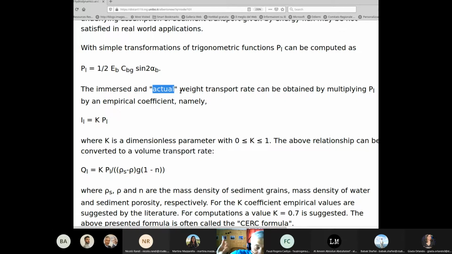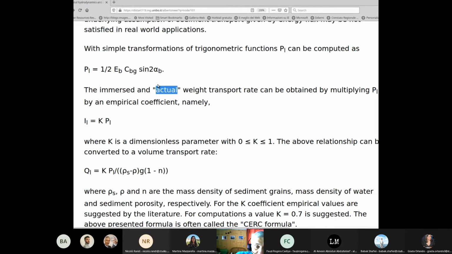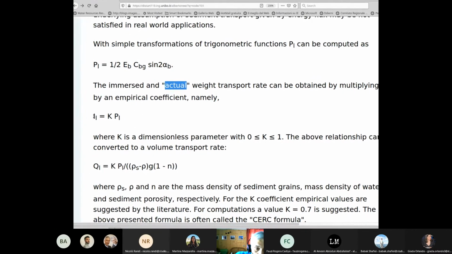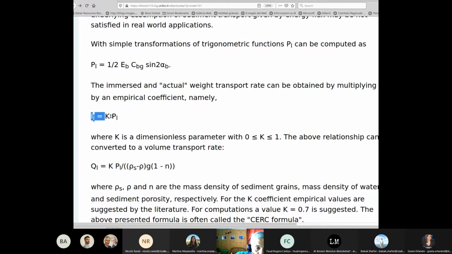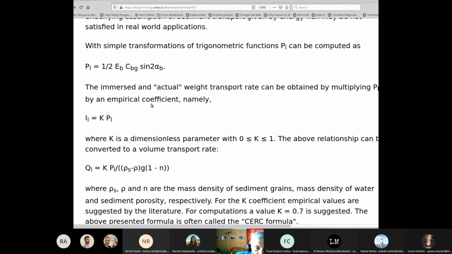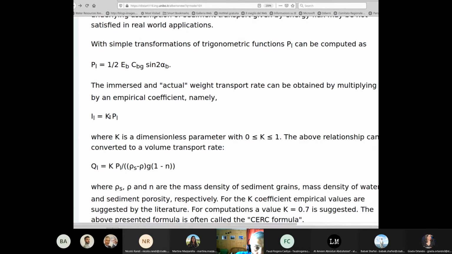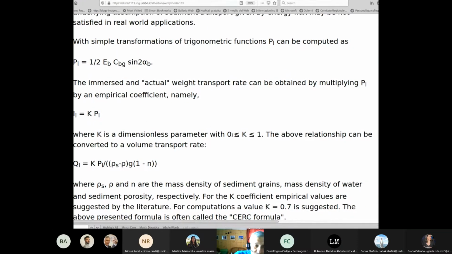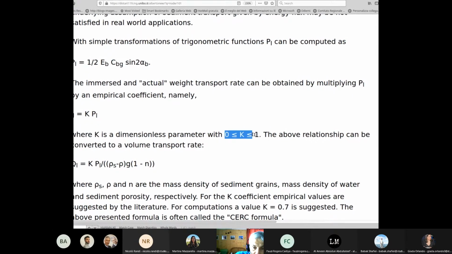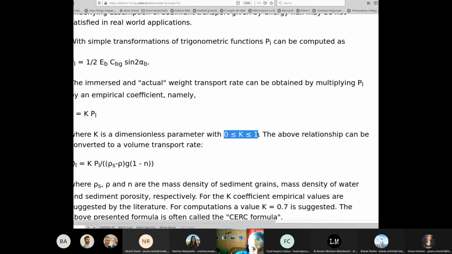Actual is what really happens. And therefore, in order to get the actual, the truth, we multiply the potential, PL, transport rate, by an empirical coefficient K. The actual transport rate is reduced with respect to the potential transport rate, and therefore K is included in the range between 0 and 1.